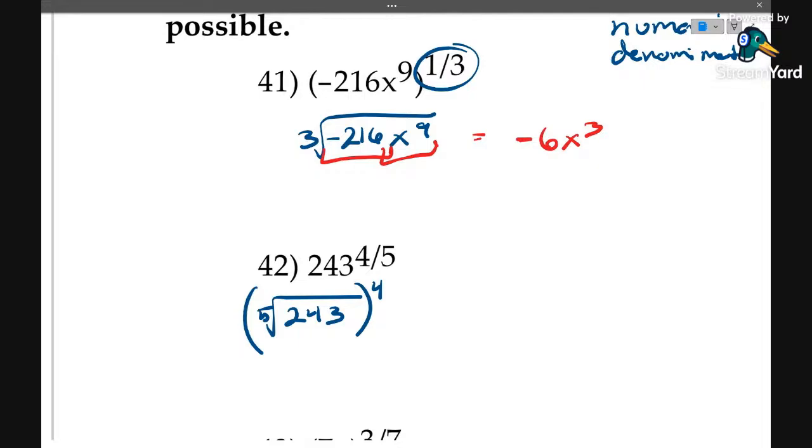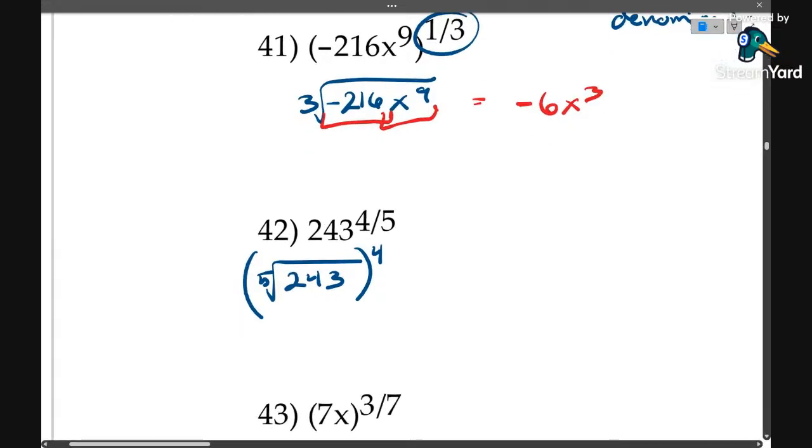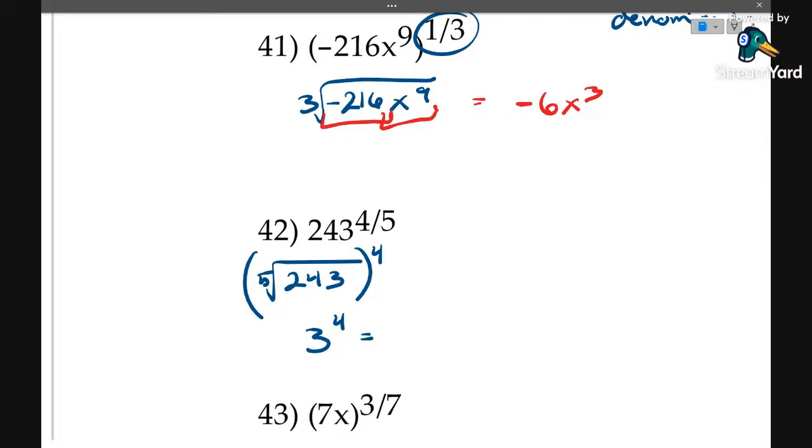Then we can take the 5th root of 243, which I think is probably 3. I'm just double checking. 243. 3, I am correct. So the fifth root of 243 is 3 to the fourth power, and 3 to the fourth power equals 81. So we're able to simplify that expression.